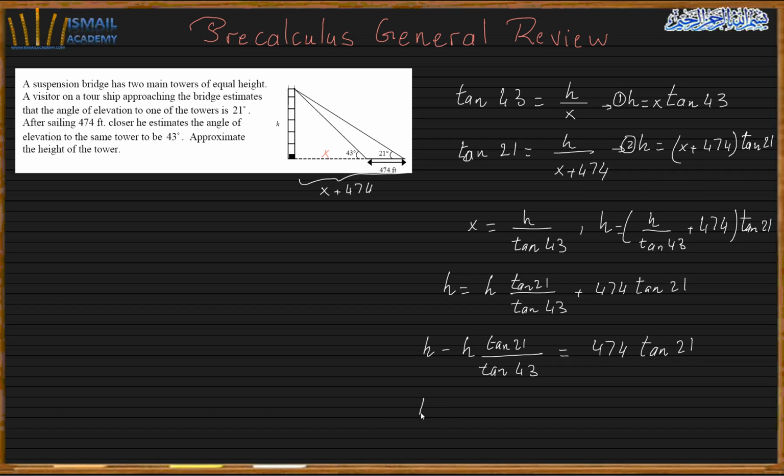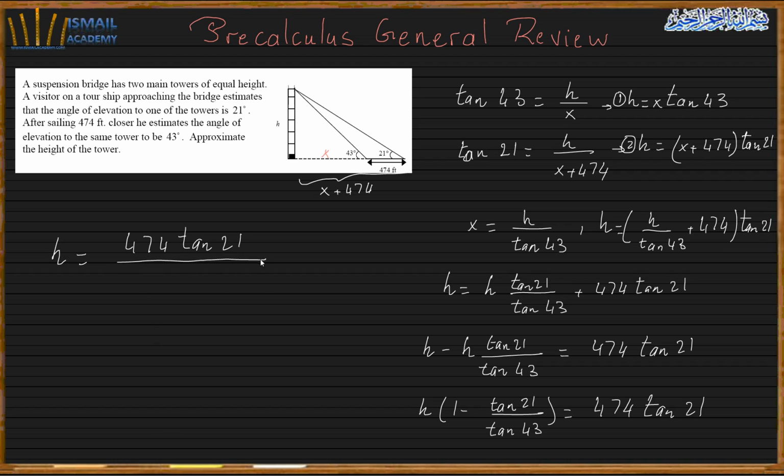Taking h as a common factor, h times (1 minus tangent 21 over tangent 43) equals 474 tangent 21. Now I divide the whole thing by this expression, and h will be 474 tangent 21 over (1 minus tangent 21 over tangent 43), and this will be my answer.